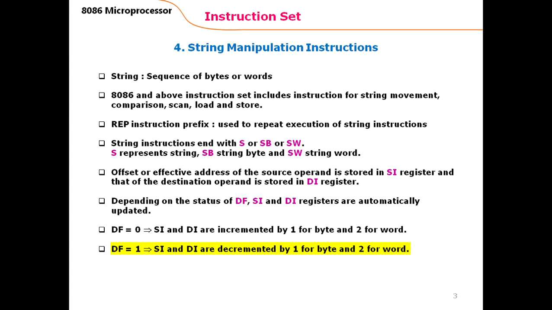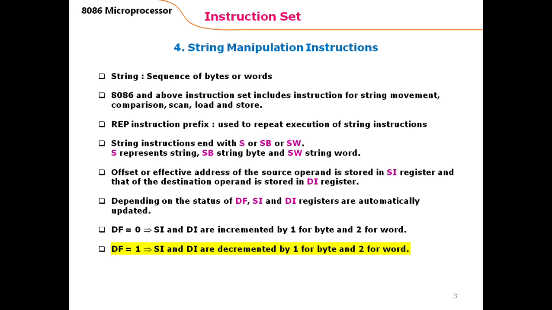Auto decrement mode means that each time a string instruction is executed, source index and destination index registers are decremented by the number of bytes that have been operated on. So if a 1 byte instruction is used, then the decrement is 1, and if 2 byte instructions are used, then SI and DI are decremented by 2.